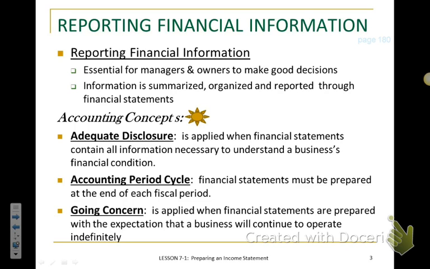And then we have what we call the going concern concept. The going concern concept is applied when financial statements are prepared with the expectation that the business is going to continue to operate indefinitely. So when you're analyzing a business, if you ever see in their auditor's report that the auditor says that we have a concern as to the ongoing nature of this business, that's like a huge red flag, okay?